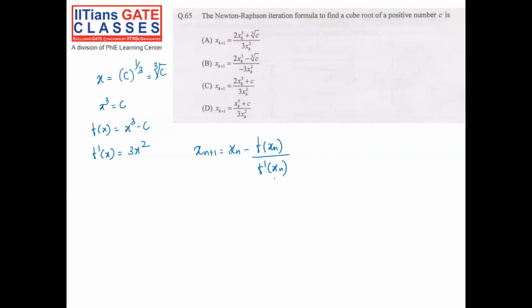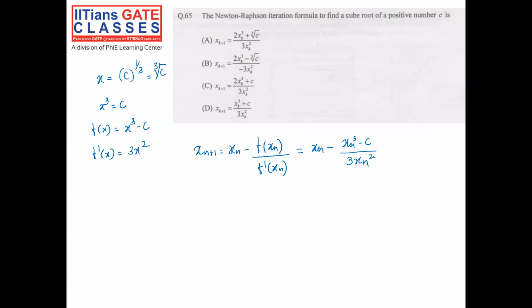So let's try to put in these values. Xn minus, what is f of xn? Xn cube minus c. And what is the value of f dash of xn? It is 3xn square.